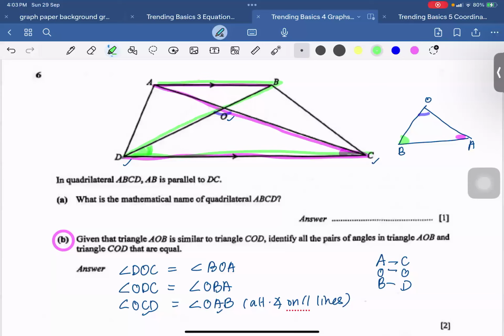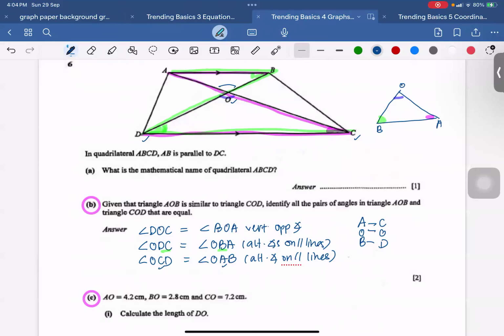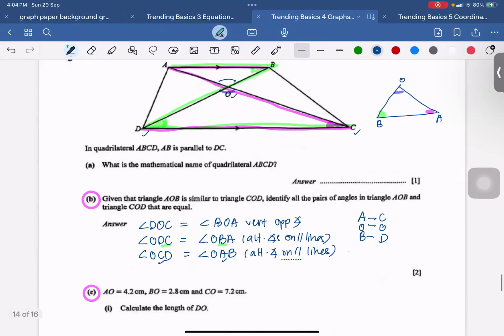Next one, now they ask you to calculate the length as usual. I think most of you are quite good at it already, so I should just run through it very quickly. Find the ratio or write down the matching pairs of all the different sides. So I will have OD with OB, DC.